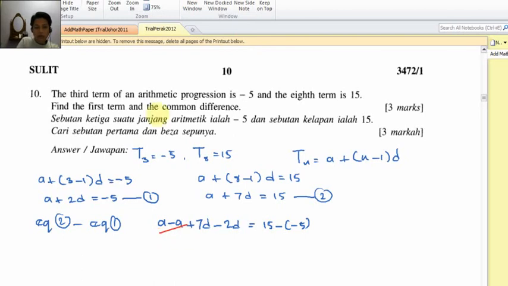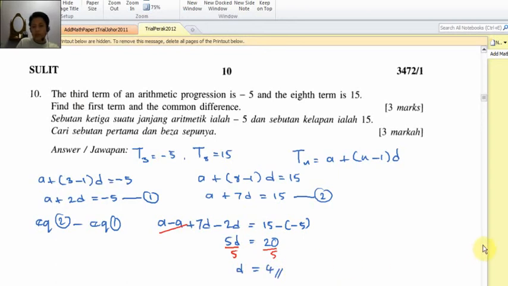So left is only 5d is equal to 20. So if we divide both sides by 5, then we get the answer d is equal to 4. Okay, that's the answer for d.